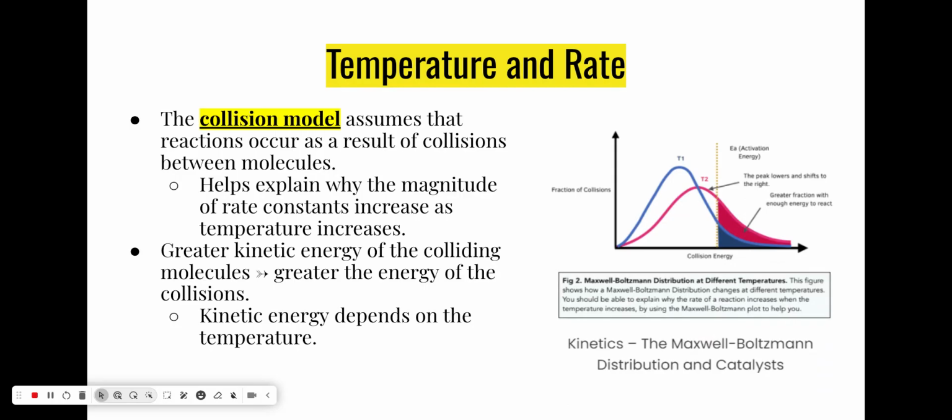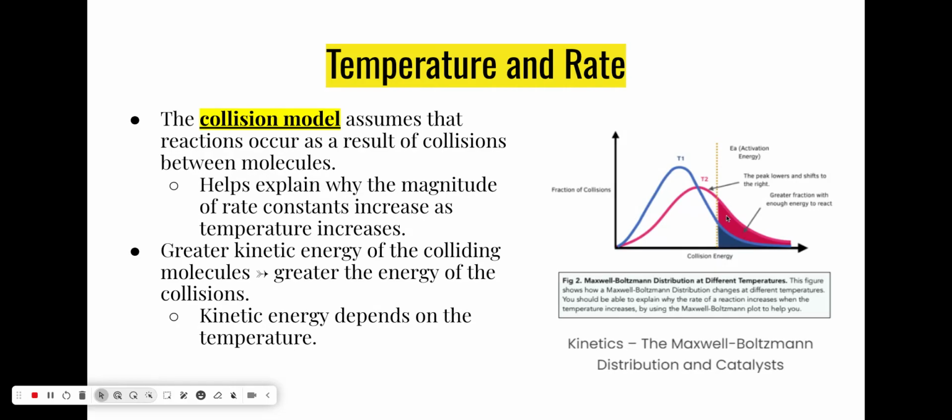First things first here, guys, this distribution is specifically comparing temperature, okay? It's comparing the same reactant at two different temperatures. And what you're going to notice is that at higher temperatures, there are simply more particles at a higher energy, which means the chemical reaction can occur faster.